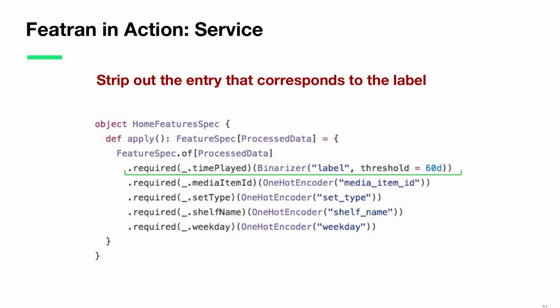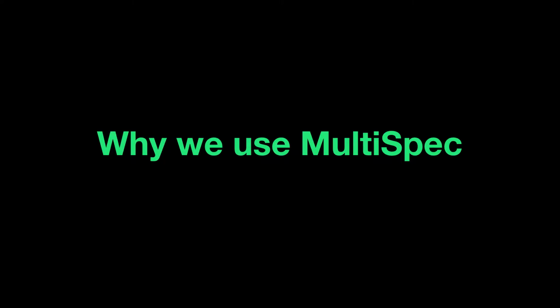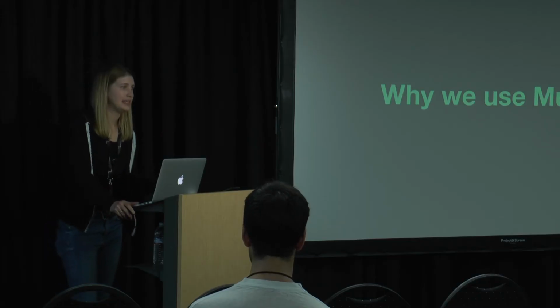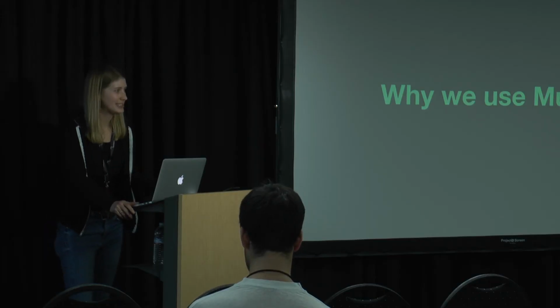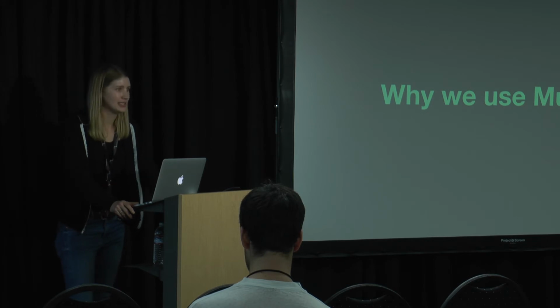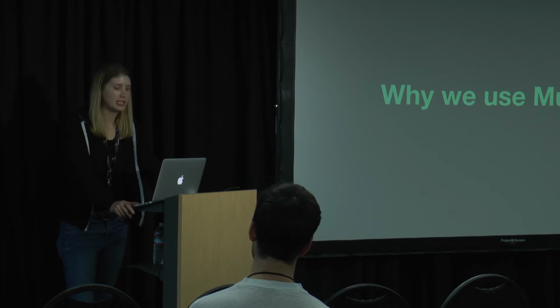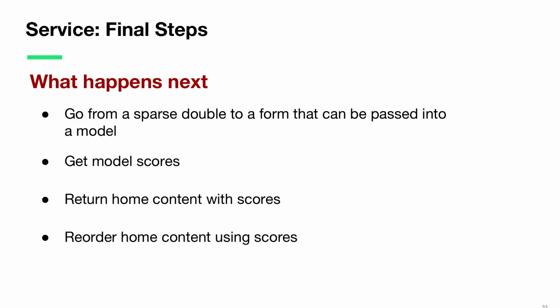That is not good, and it motivates why we use the multi-spec feature. We're going to keep it the way it is for now and go back and correct it towards the end of this presentation. But you don't want to do that. The service shouldn't have to know about the label. So the multi-spec is going to help us get rid of that.